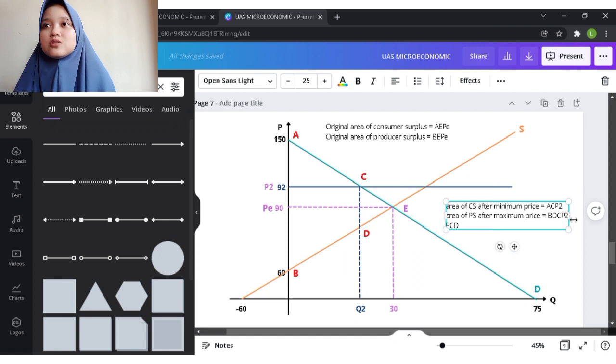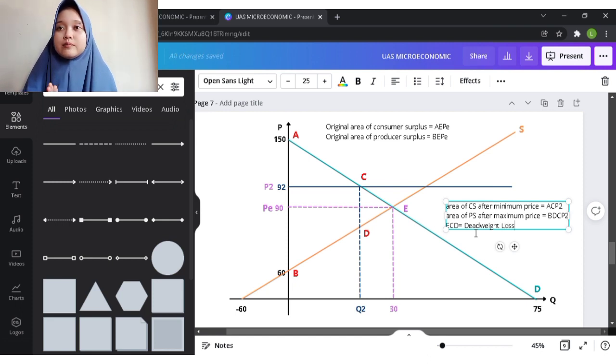It is the area where consumer and producer cannot enjoy the surplus again because of the minimum price policy. So it is called the weight loss.